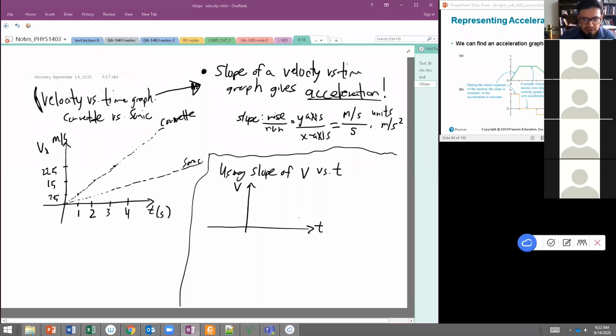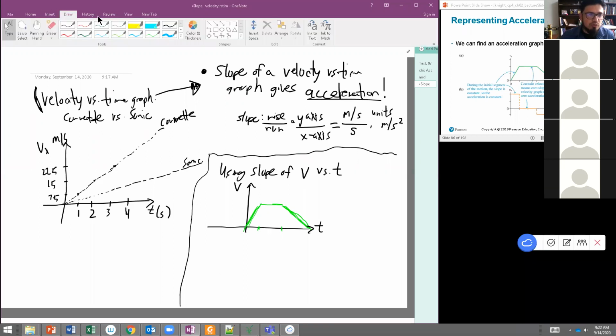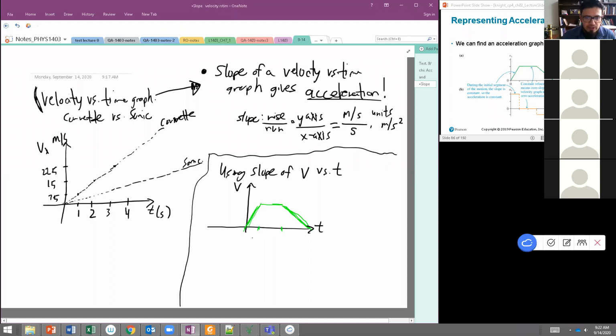You might have a velocity graph where you have a very steep slope and it goes to 0, and then it decreases kind of slowly like that. In this case, they just put some marks there that don't mean a whole lot yet. But the idea is if you were to, from a velocity versus time graph, produce an acceleration versus time graph, it's essentially just a plot of the slopes.